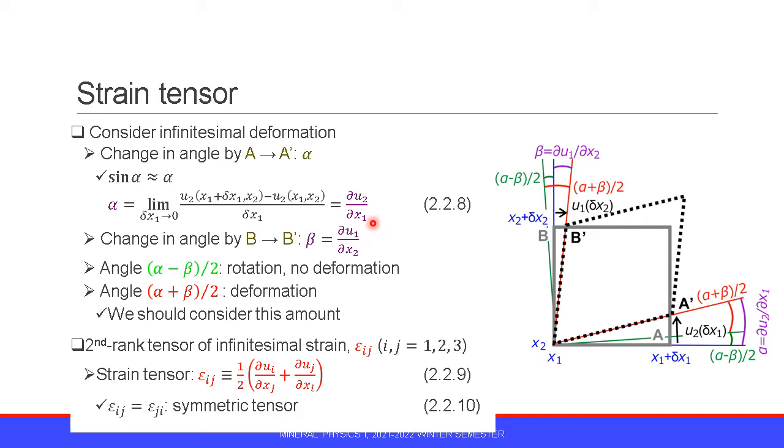Then this is equal to the partial derivative of u2 with respect to x1. Equation 2.2.8. Then similarly, the change of the angle from B to B prime is expressed using beta and is equal to the partial derivative of u1 with respect to x2.